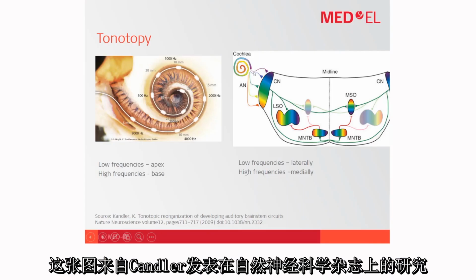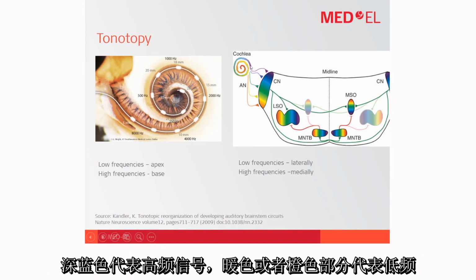Like I mentioned earlier, tonotopy in the cochlear nucleus runs more parallel and obliquely. Specifically, you can see in this image here from a study by Candler that was published in Nature Neuroscience, that the blue colors or the darker colors represent higher frequencies, while the warmer colors or the oranges are representative of lower frequencies.